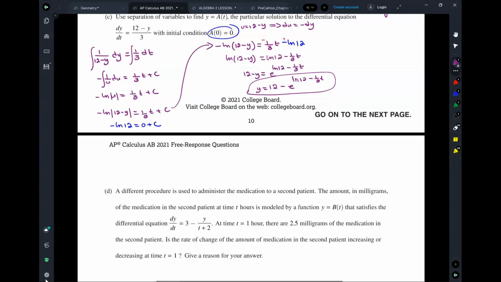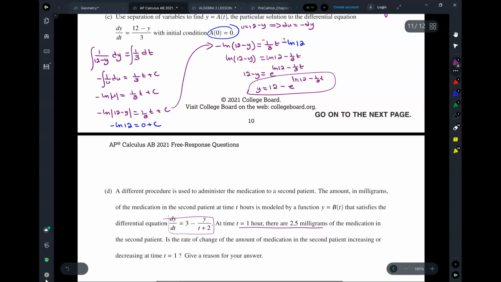Now, a different procedure is used to administer the medication to a second patient. The amount in milligrams of the medication in the second patient is now b of t that satisfies this new differential equation. At time t equals 1 hour, there are 2.5 milligrams of the medication in the second patient.